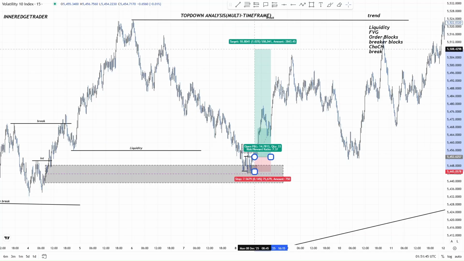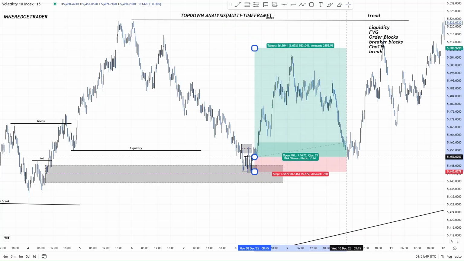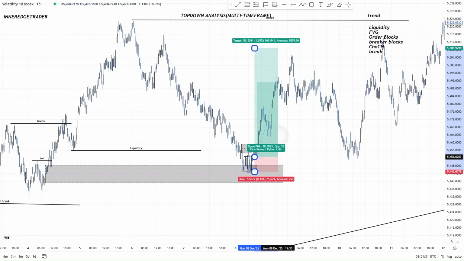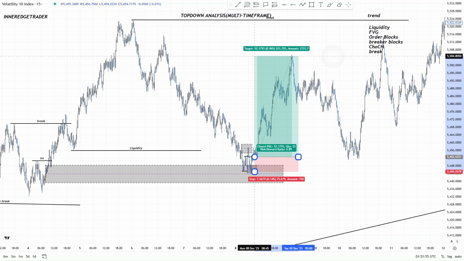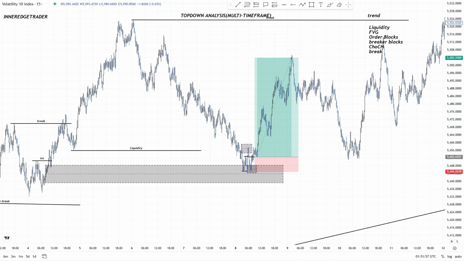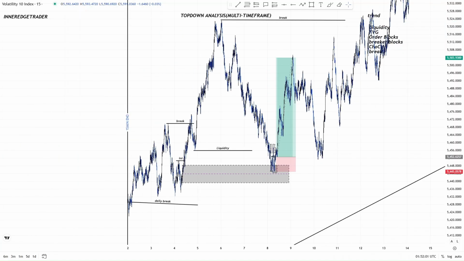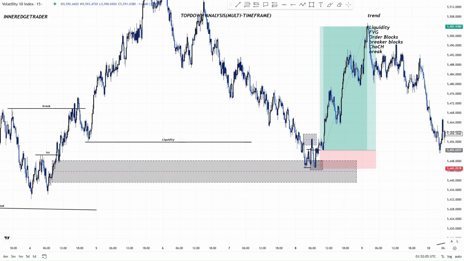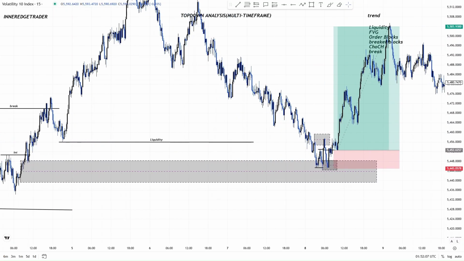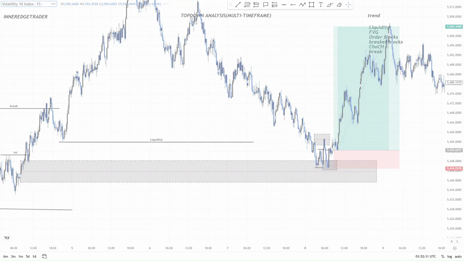So I'm a top person. I use a 1 to 5 win to reward ratio, at least. So that's our first entry after the liquidity sweep. Going back to the 1 hour time frame.